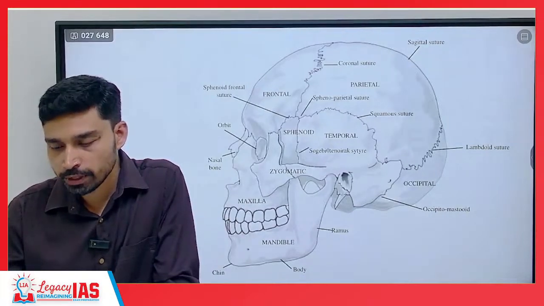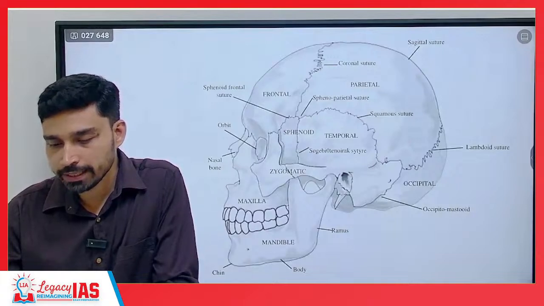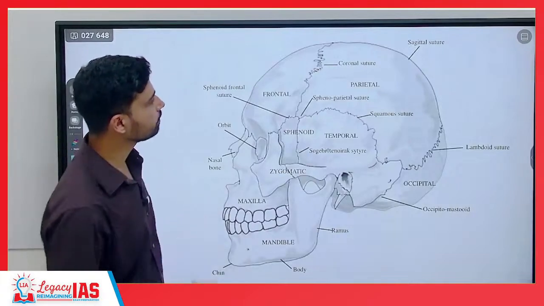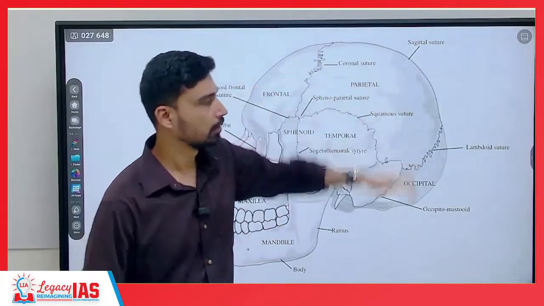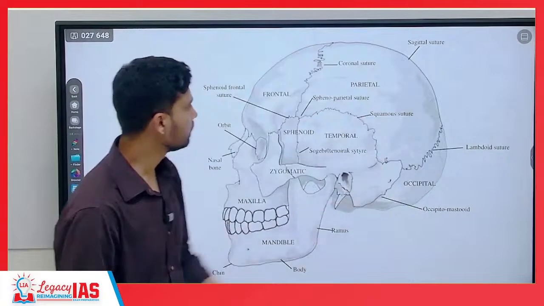Second difference we can write is the parietal lobe. Where is the parietal lobe? This part, further up from the frontal lobe.